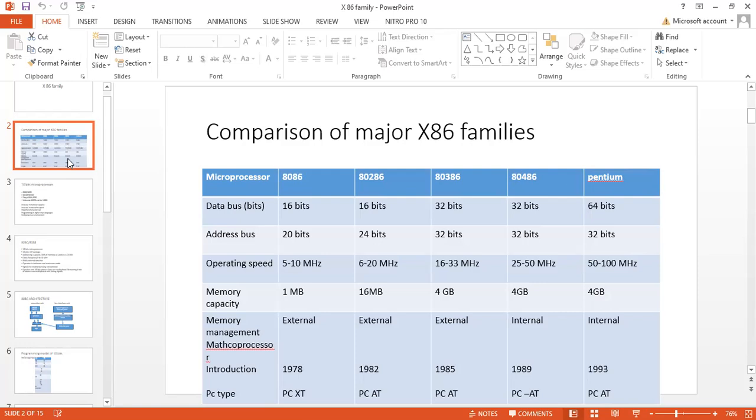When it was introduced, you can write here 85, and this is in 93. Clock speed is different, right? 80386 is up to 33 megahertz. Pentium is up to 100 megahertz. Then basically the 80386 has an external coprocessor and external memory management, and the Pentium has an internal coprocessor and internal memory management.